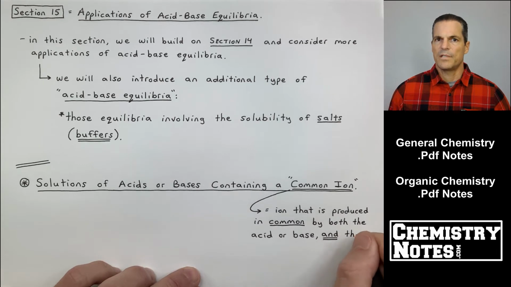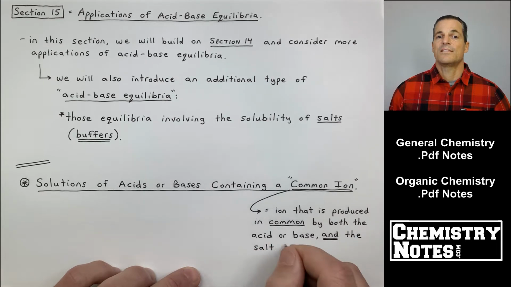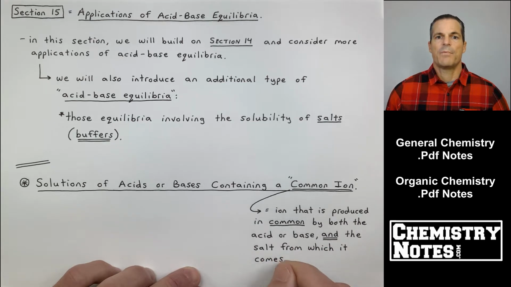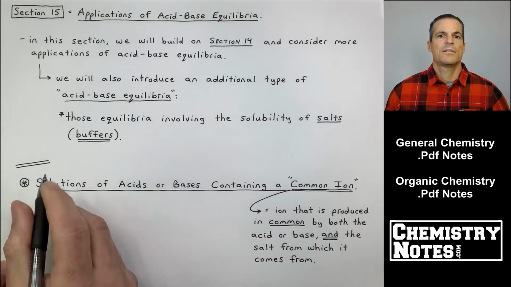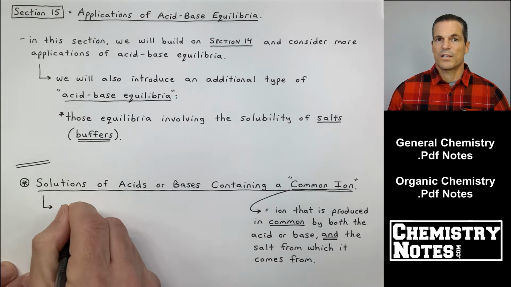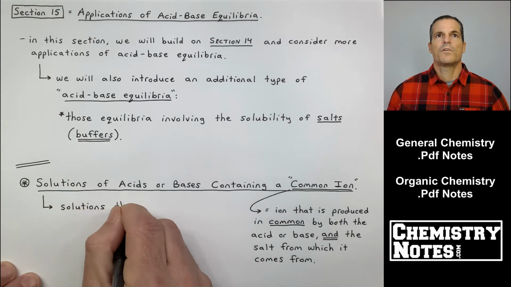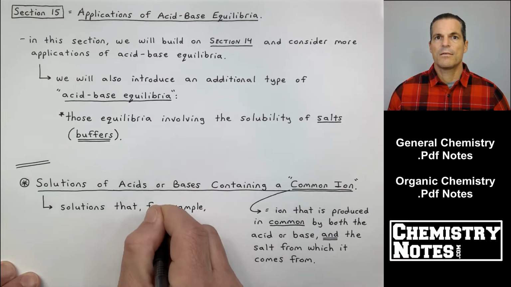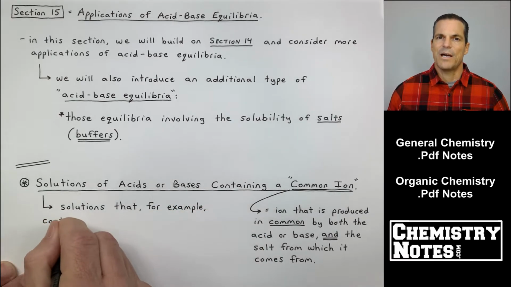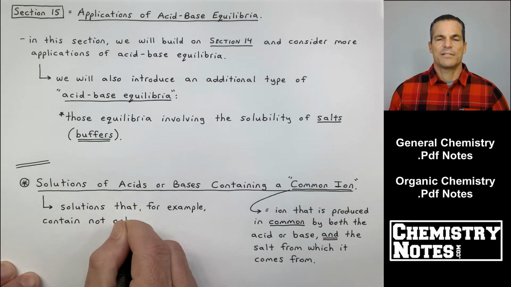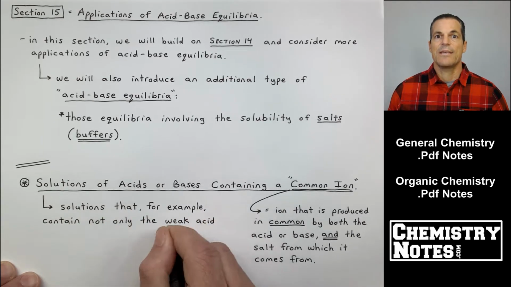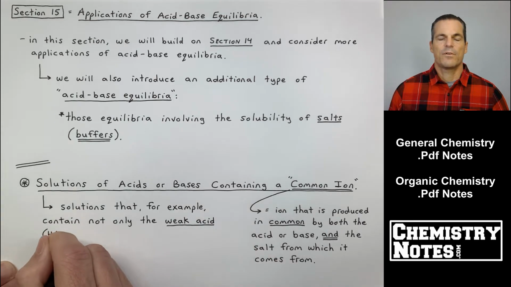What is a common ion? It's a new term for us. It's an ion that is produced in common by both the acid or base and the salt from which it comes. Okay, so for example, if I have a general weak acid HA, the common ion would be A minus. And then the A minus doesn't arrive by itself. It has to have a cation with it, like NaA or KA, for example.